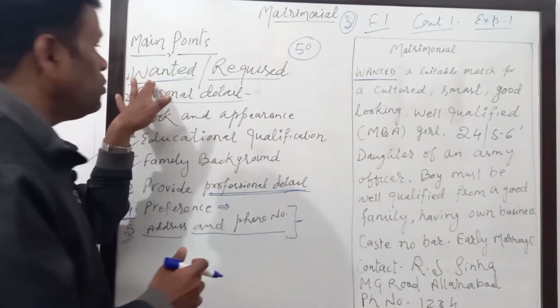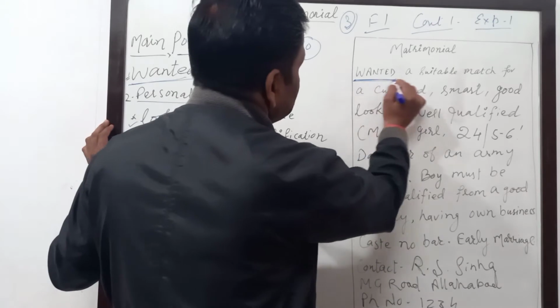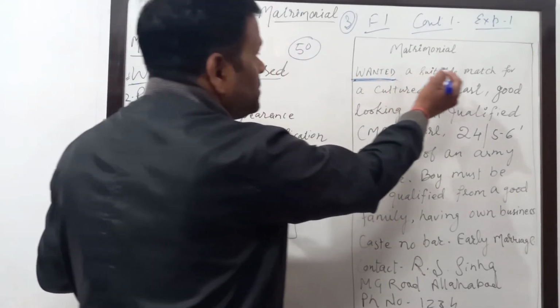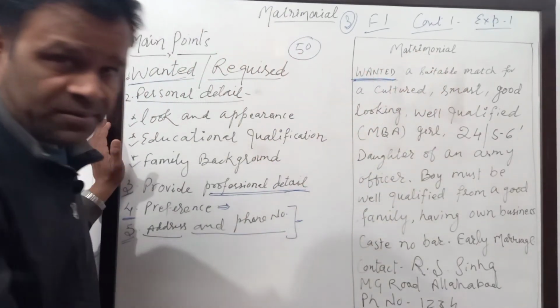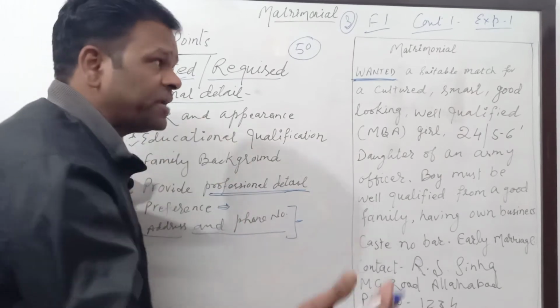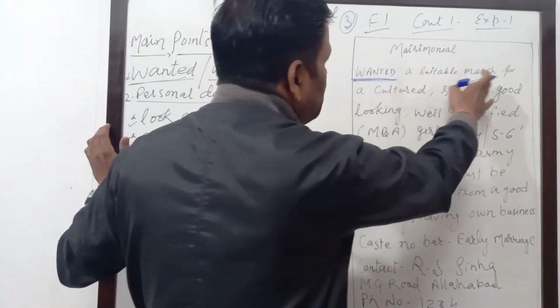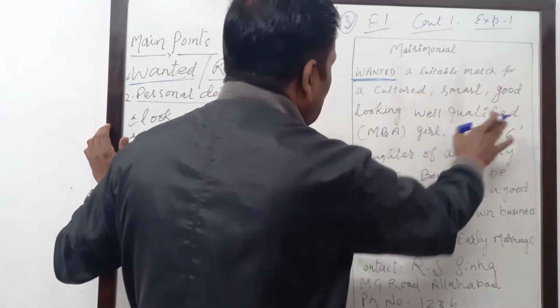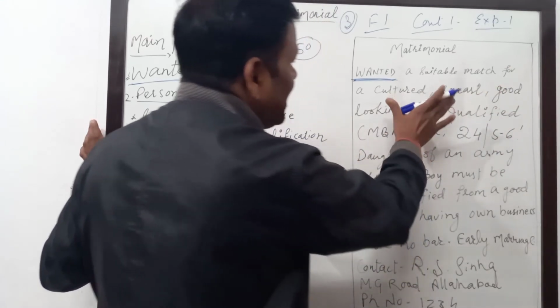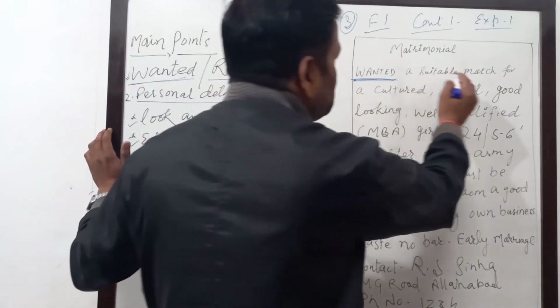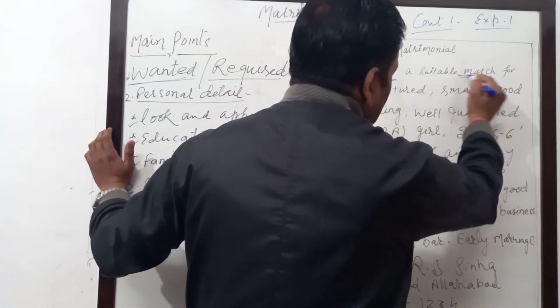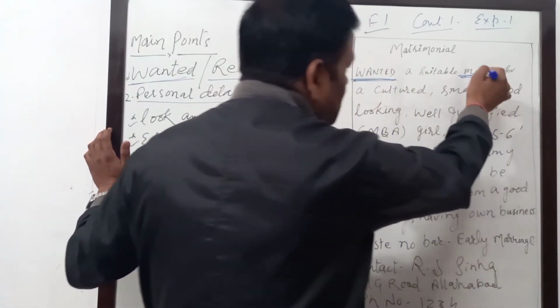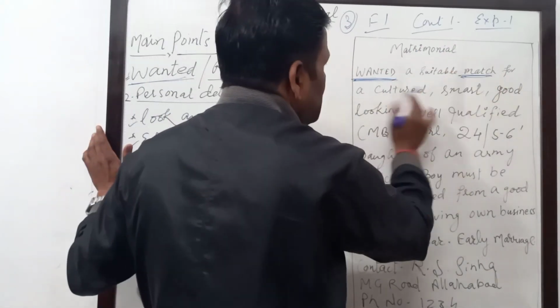See, first of all, wanted or required. There you see it is given here: wanted a suitable match, and it is for a daughter. So you are searching for a bridegroom. Wanted a suitable match for a cultured, smart, good looking, well qualified MBA girl. That is the detail of the girl. A suitable match means the bridegroom's details.